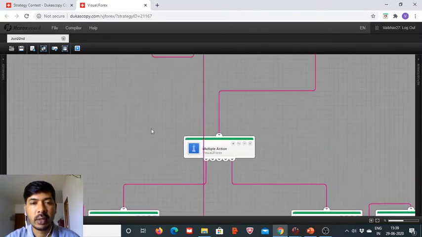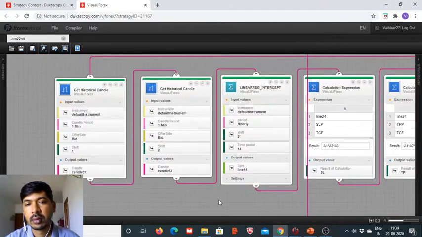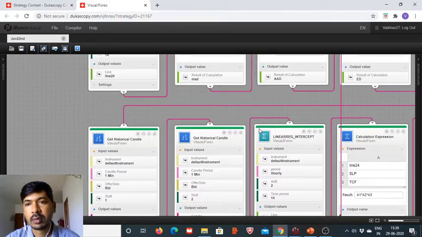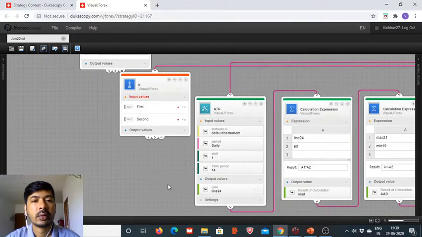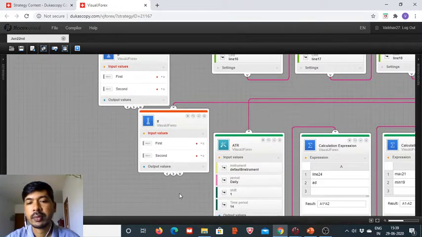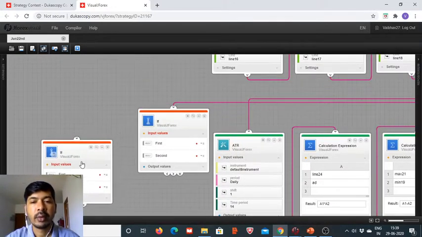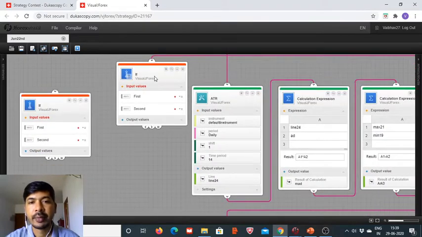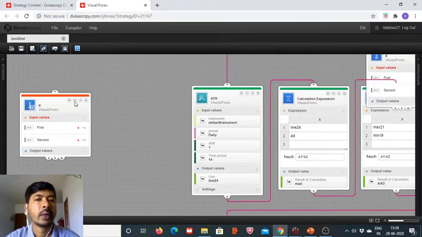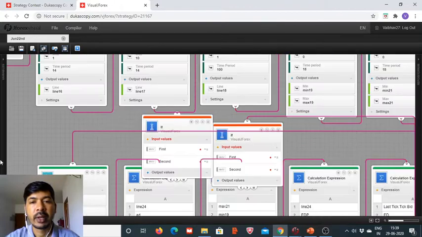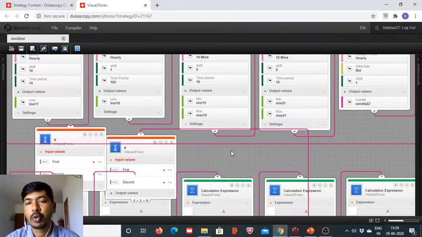Now we have to consider the last hour's closing level in comparison with the last 2 minutes' closing levels.